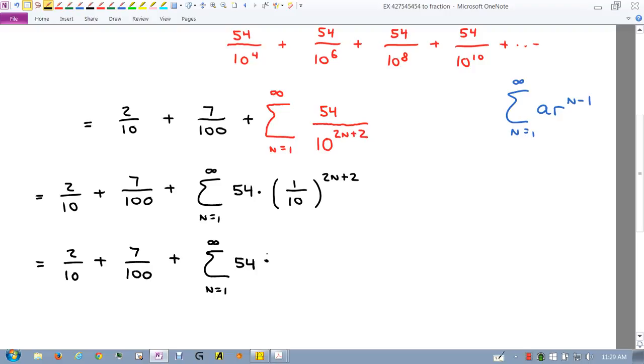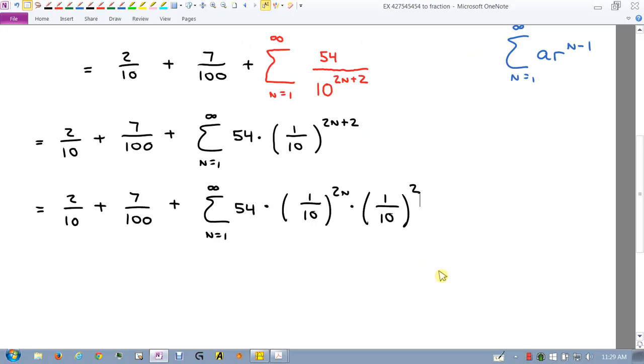So watch what I do here. Is that the same thing? If you have the same base and you're multiplying these together, you would add the exponents, wouldn't you? And so all I'm doing is rewriting this single factor as these two factors.